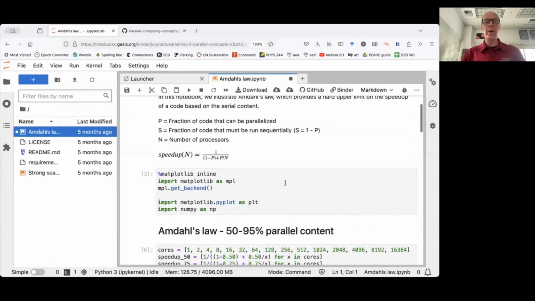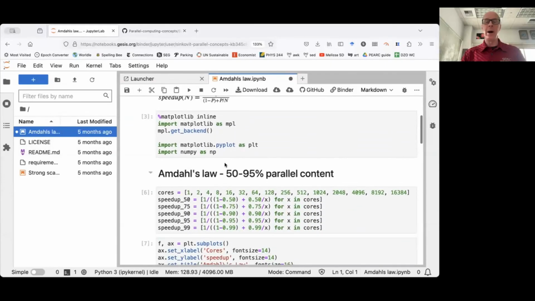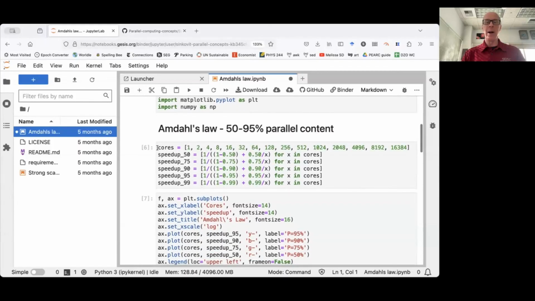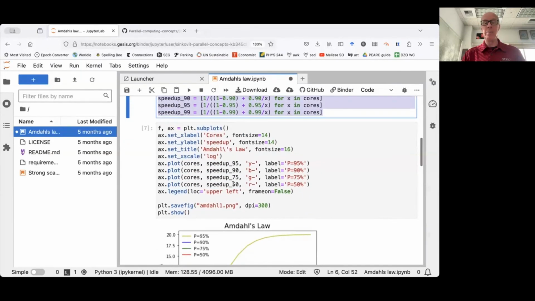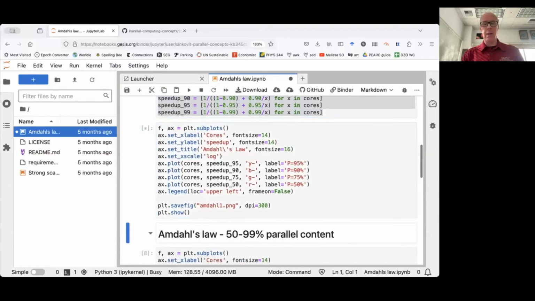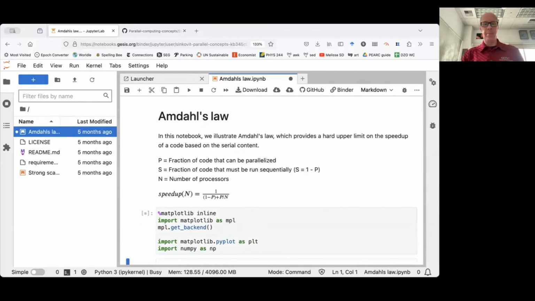Okay, so if you want to play around with Amdahl's law, you can open this notebook. I use matplotlib to generate the figures. I have some data sets showing speedup with 50%, 75, 90, 95, and 99% parallel content.